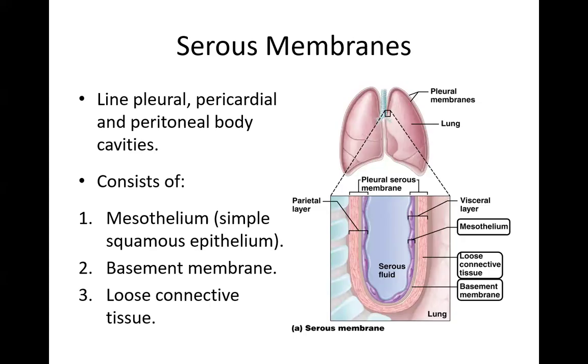As we're going to learn when we study our respiratory and cardiovascular system, if you make a hole and puncture this serous fluid, it leaks out, and then you disturb your heart from compressing.